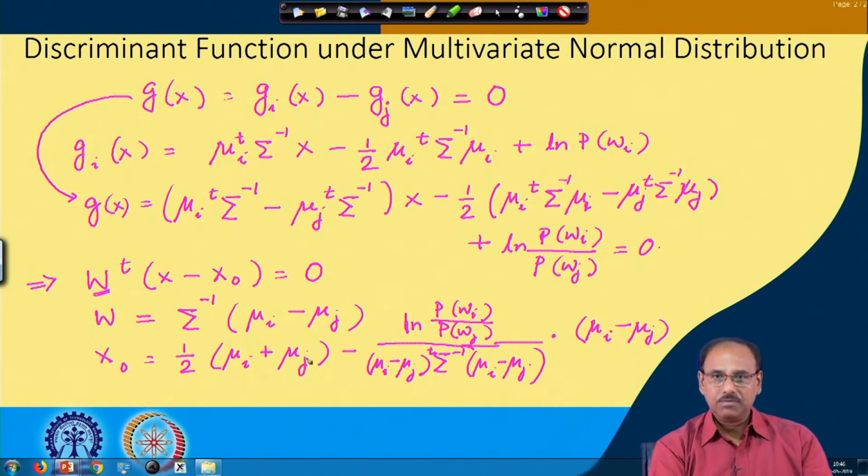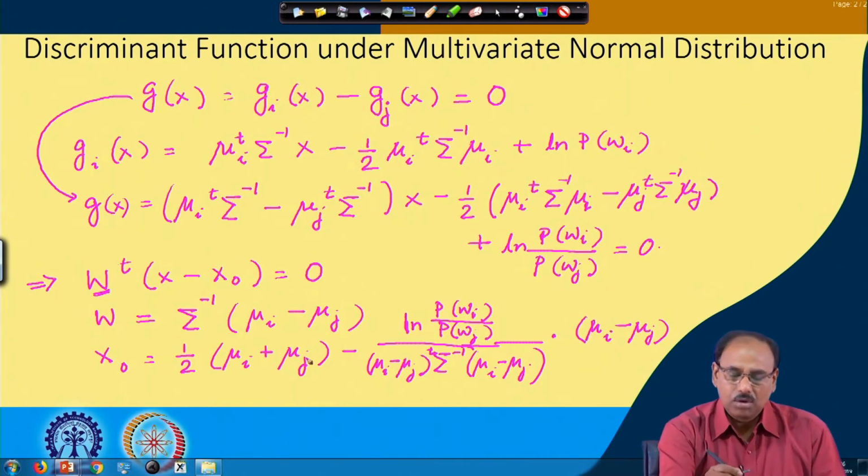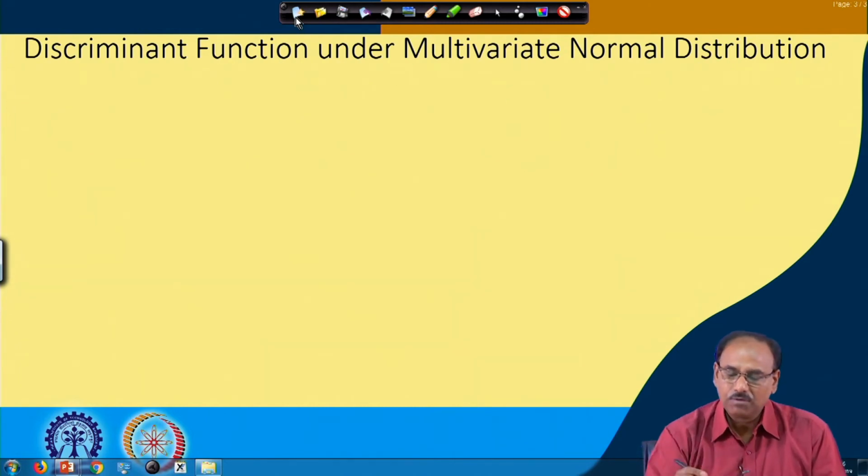So, my decision surface is a bisector of the line joining mu i and mu j, but it may not be an orthogonal bisector, because W is no longer in the direction of the line joining mu i and mu j in general.